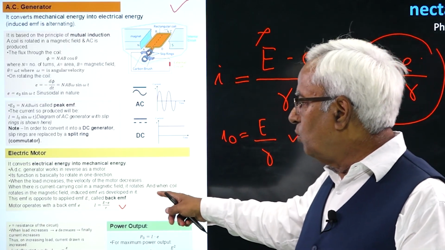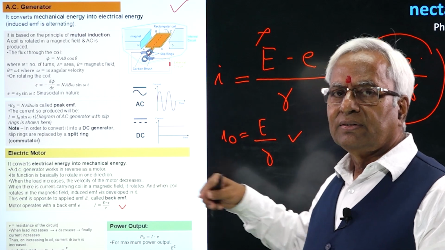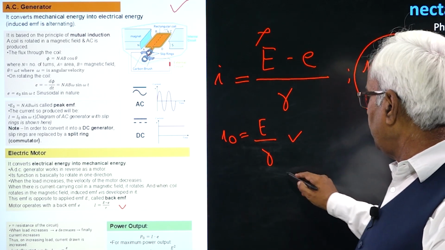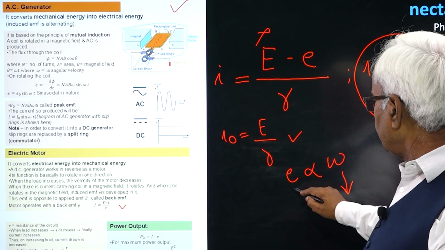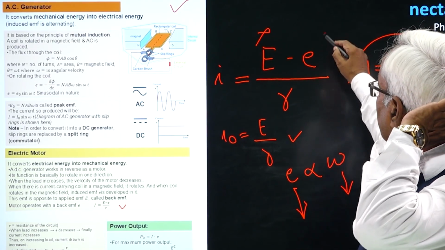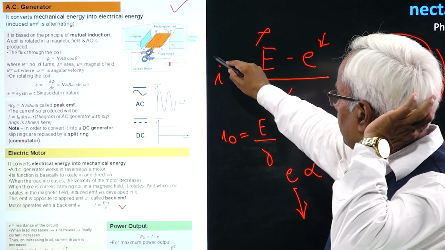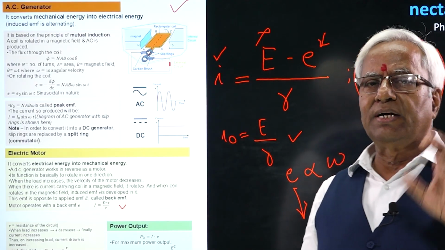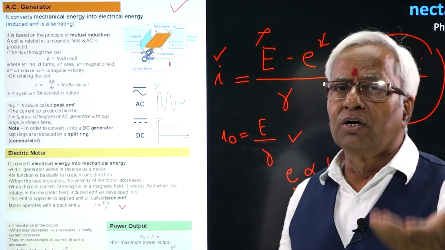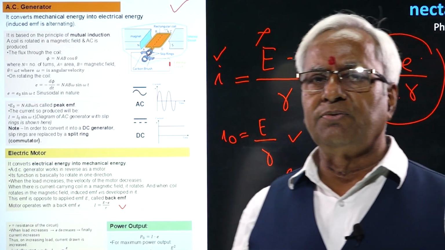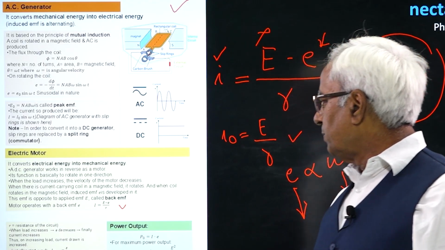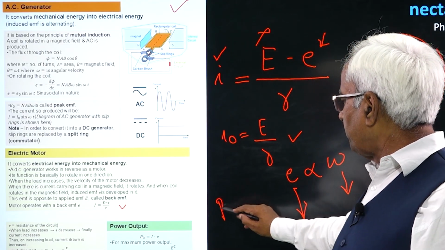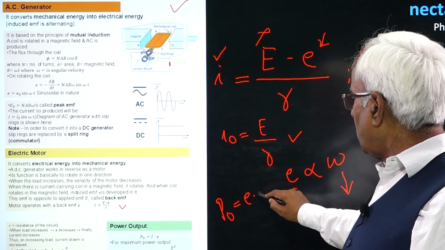So when the load on the motor is increased, the angular velocity will decrease, and e is proportional to omega. Omega decreases, small e will decrease, and when this decreases, current will be more. So you can say that whenever we increase the load on the motor, it will start consuming more current from the source. Power output will be given by e into I.